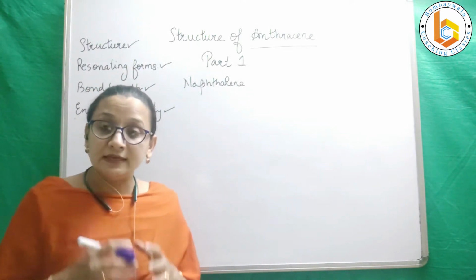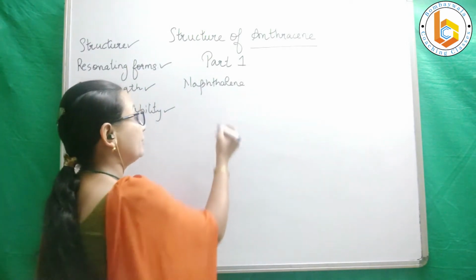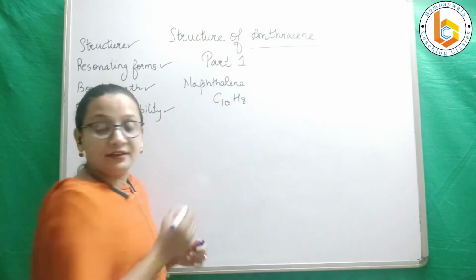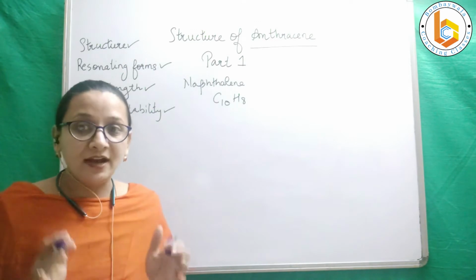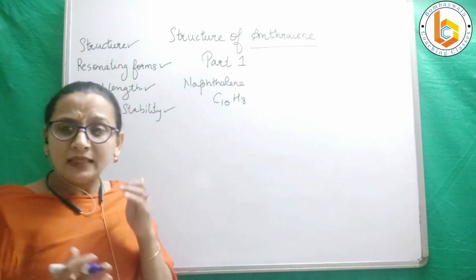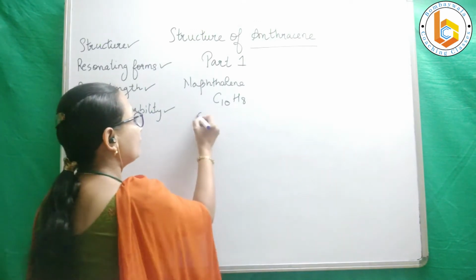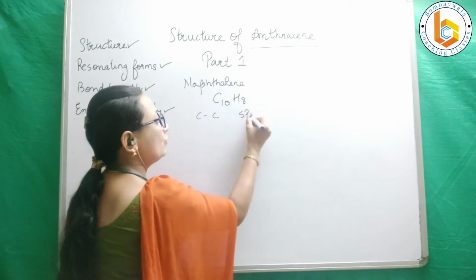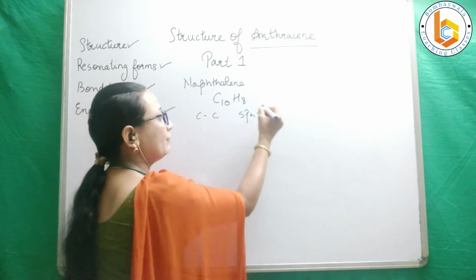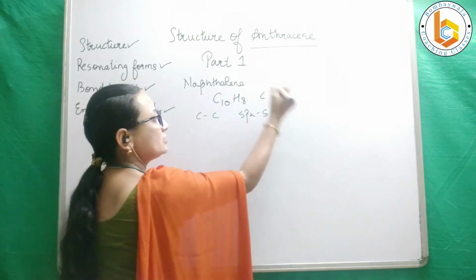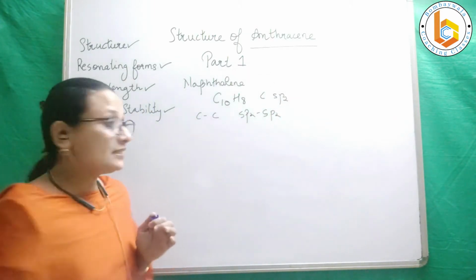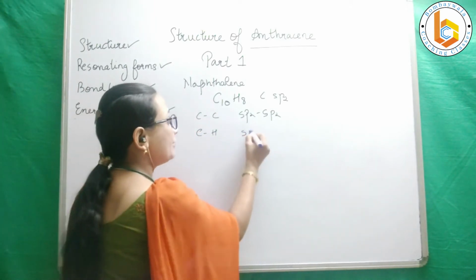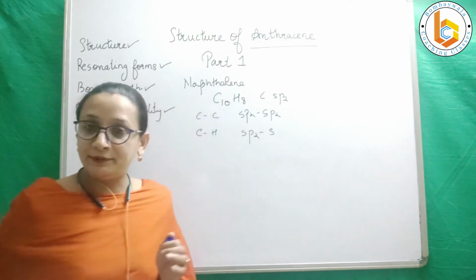Remember students, we said that naphthalene is nothing but C10H8, that means it contains 10 carbons and 8 hydrogens, right? And then we said that all the carbon and carbon bonds in naphthalene show sp2 overlap, because all the carbon shows sp2 hybridization. We said that when carbon bonds to hydrogen, it shows sp2-s overlap.